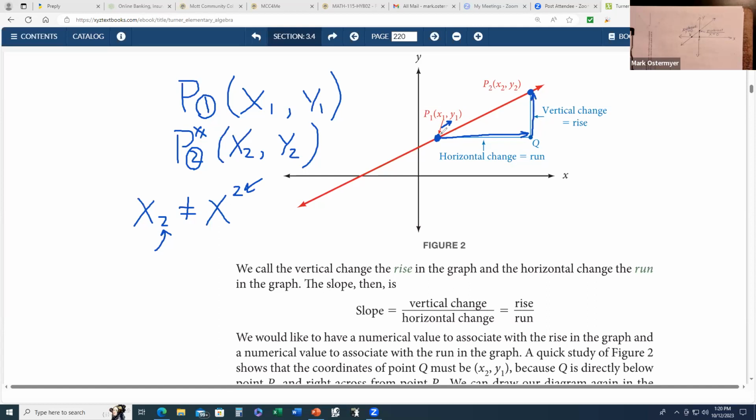Two things change simultaneously as I walk from point P sub 1 along this red line up to point P sub 2. I experience a horizontal change and a vertical change. And the ratio of the amount of vertical change I experience to that of the amount of horizontal change I experience is called the amount of rise over run I experience as I move from point P1 to P2.